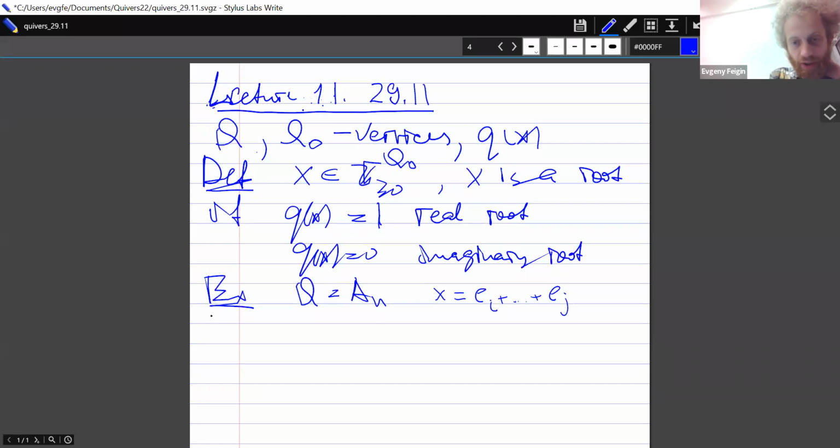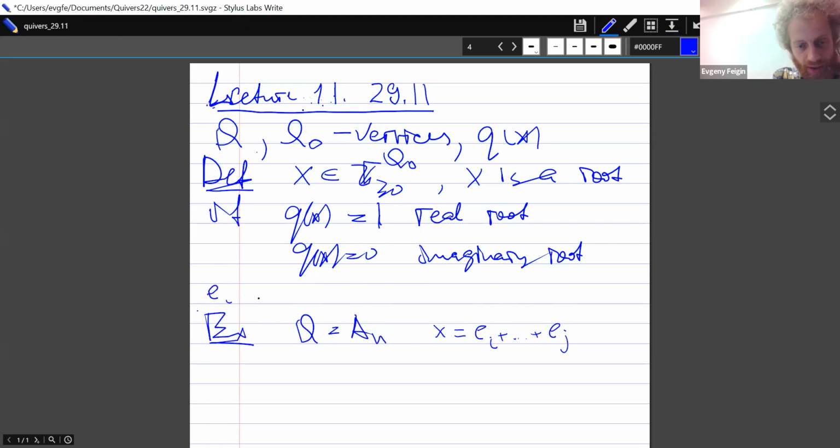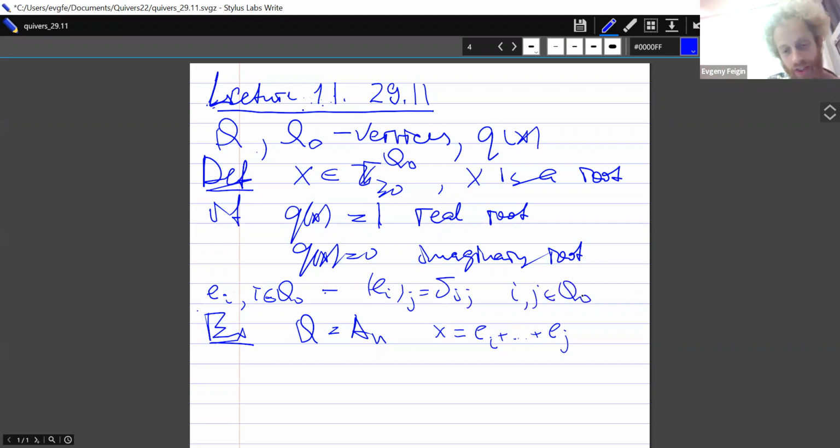So let me recall that in general, e_i, for i in Q0, is the vector such that (e_i)_j is delta_ij for i, j being vertices of Q. So this is a vector whose entries are 0 and 1, with 1 at a single place i.